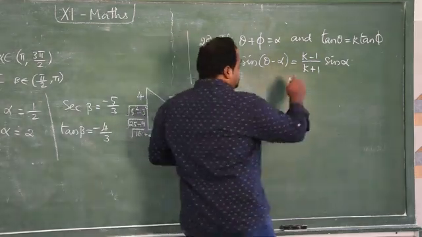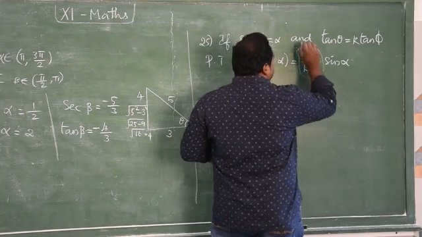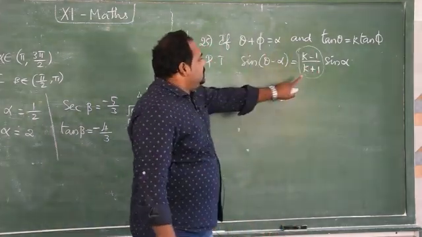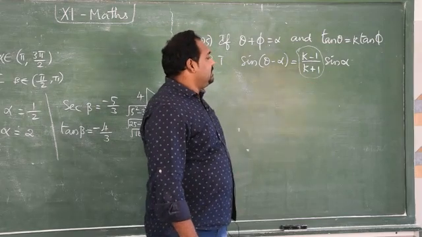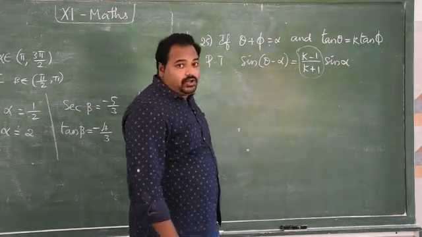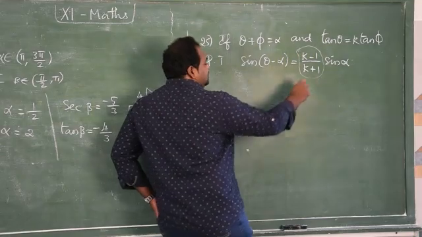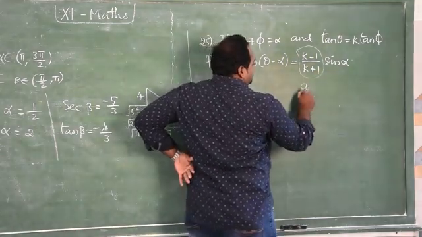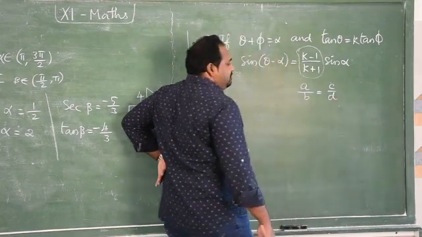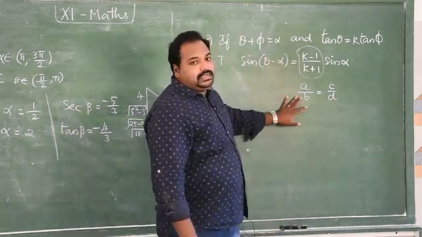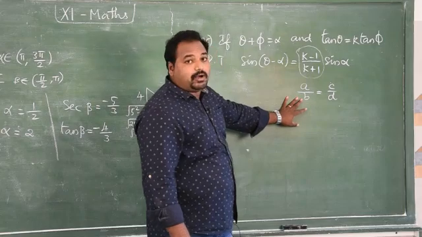By seeing k minus 1 by k plus 1, immediately I can remember the componendo and dividendo property, which is satisfied by the ratios a by b and c by d in this form.